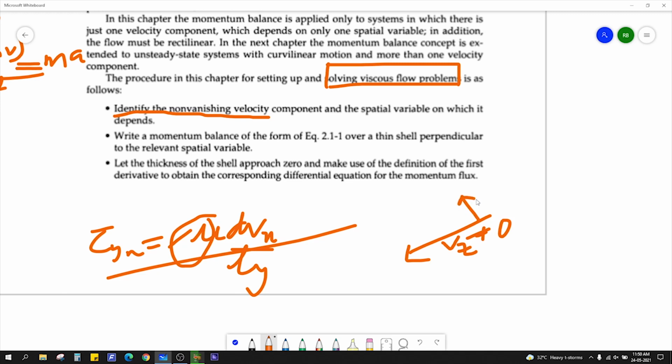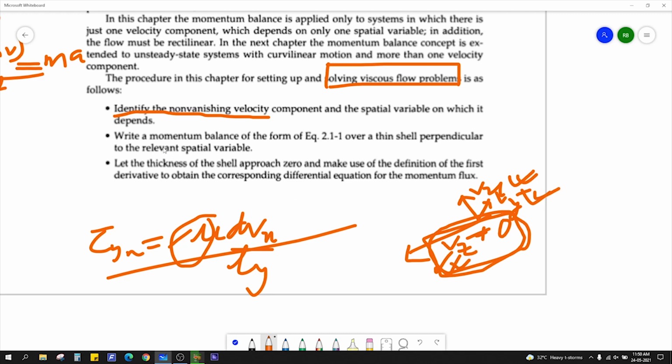But you can assume vx or vy as 0 because there is no flow in perpendicular directions. So you have to find out in which direction there is a flow and it is non-zero, in other directions it is 0. Okay, so you have to identify this non-vanishing term.